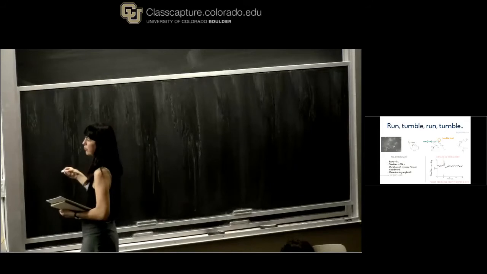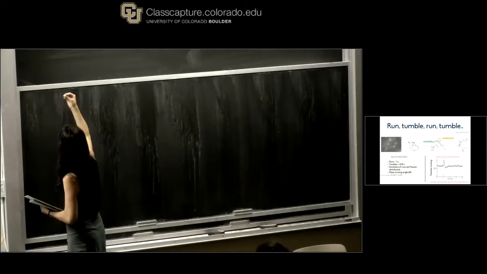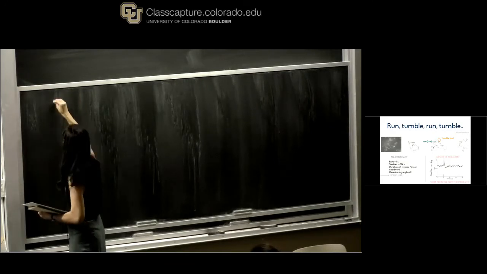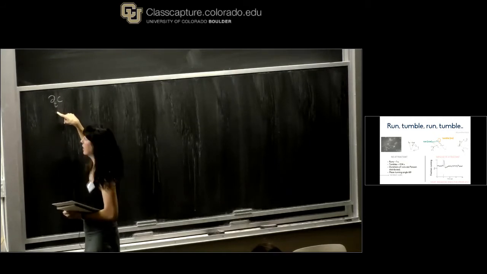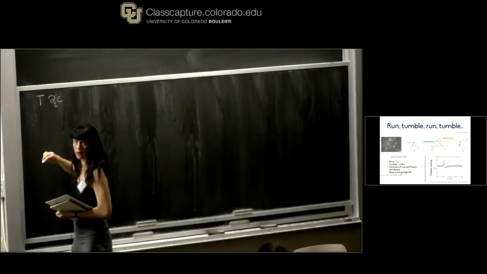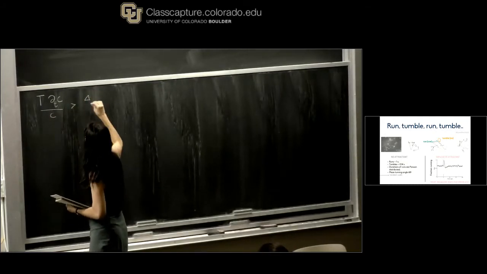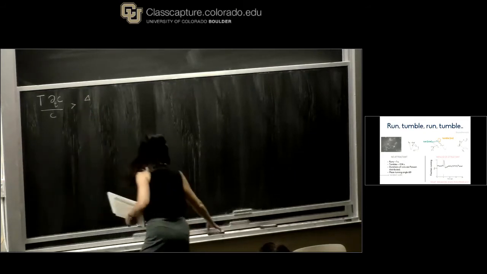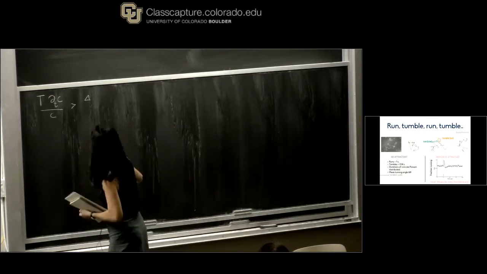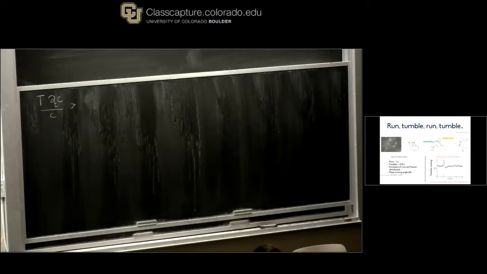Well, if you want your gradient to emerge from the noise, you want whatever you count, which is dtc, the derivative of c in time, times the time of integration, divided by c, to be larger than delta c, or there we called it sigma divided by... you understand, this is proportional to delta c divided by c.